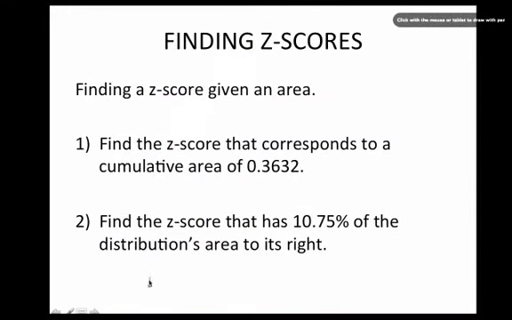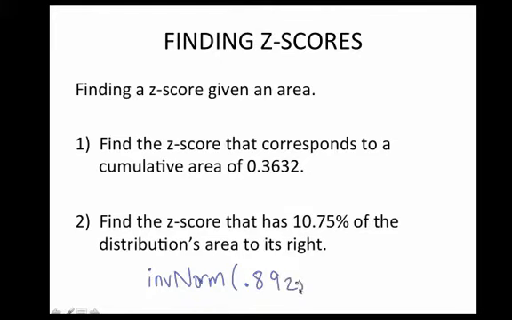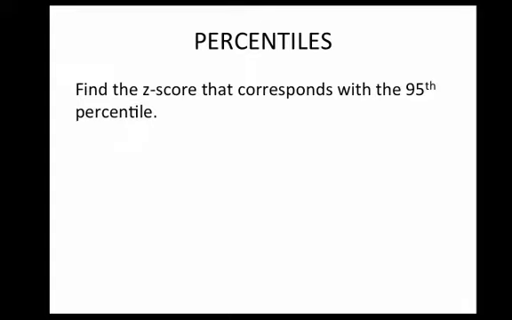I didn't do this for the first one, but you should write what you put into your calculator, to make sure you can get full credit just in case you get the wrong answer. So you're going to write inverse norm 0.8925, and we got 1.24.